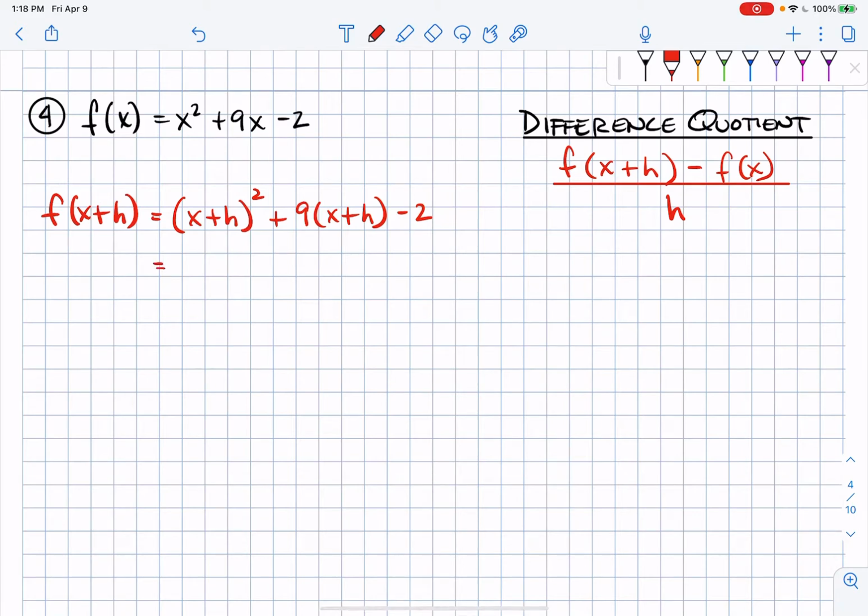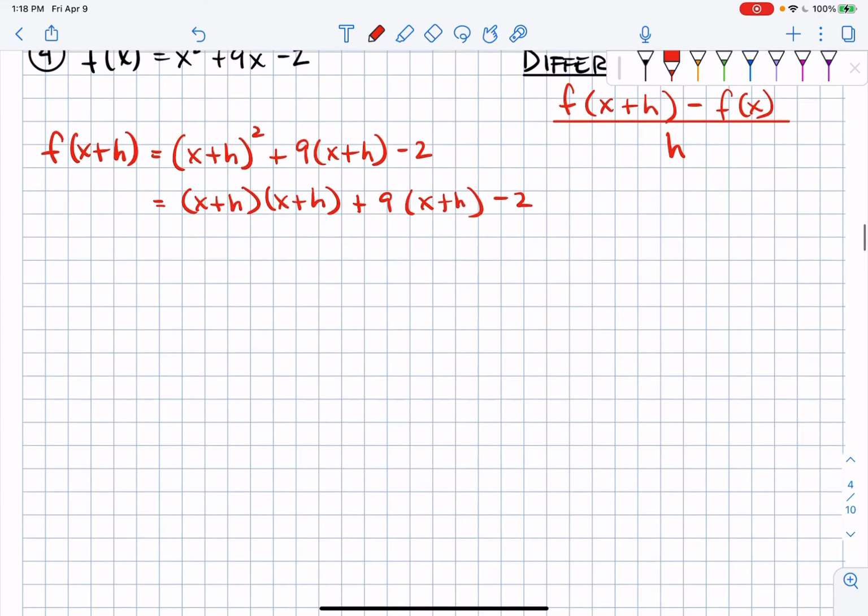So that's gonna equal to, I gotta do x plus h times x plus h plus 9 times x plus h minus 2. So that means this has to be FOILed, so I'm gonna get x squared plus xh plus xh plus h squared plus distribute the 9x plus 9h minus 2.